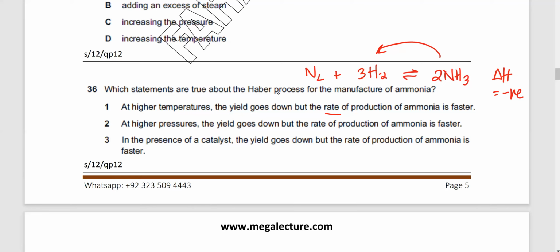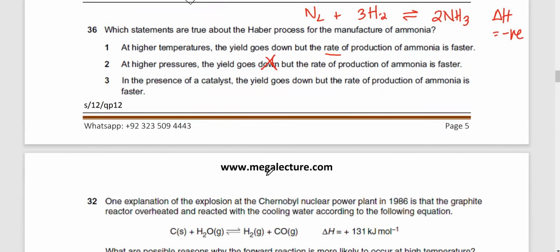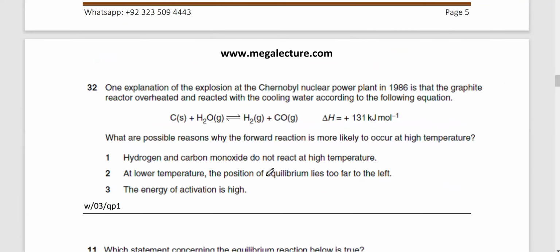At higher pressures, the yield will go up because it prefers the side with less moles of gas. The third one is incorrect as well because the yield stays the same, though the production is faster. Both forward and backward increase equally.